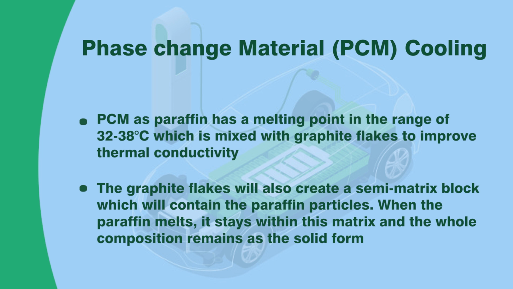When the paraffin melts, it stays within this matrix and the whole composition remains in solid form. When it is maintained in this solid form, the heat absorption will be more and it continues to absorb heat, trying to maintain the temperature within that 32 to 38 degrees centigrade.